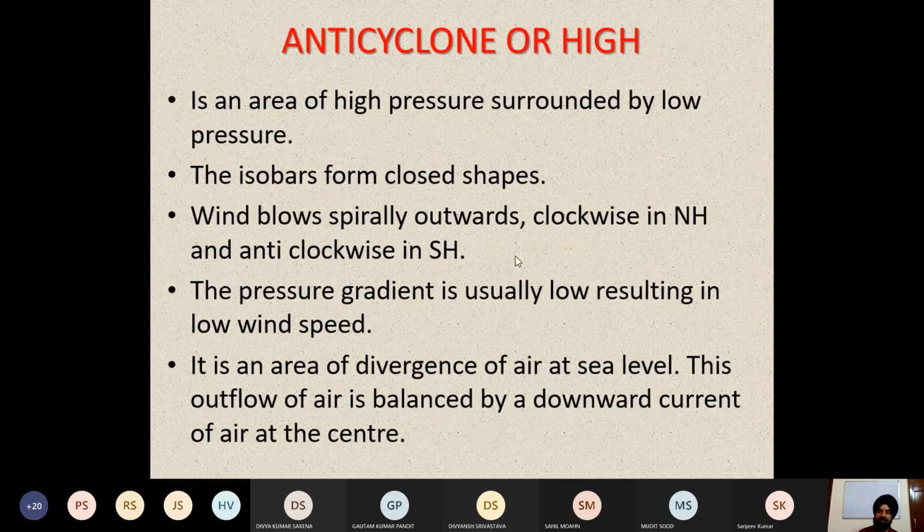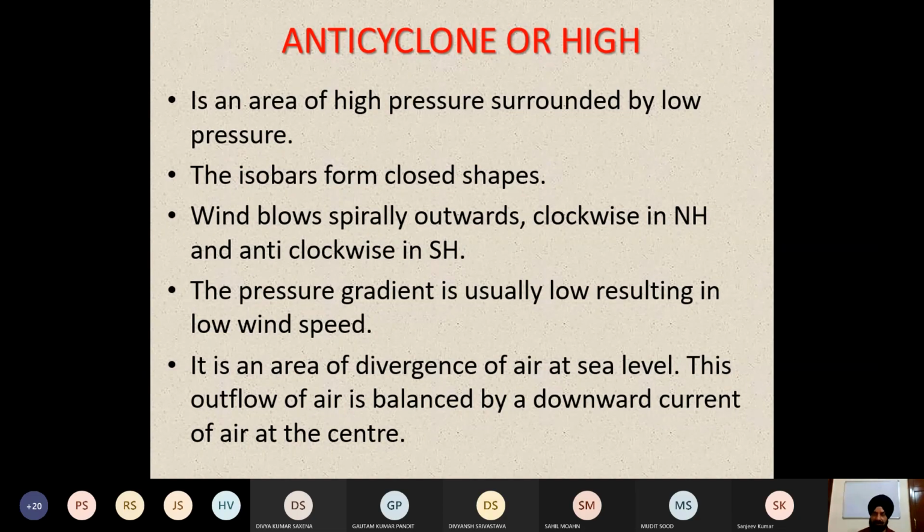So what is an anticyclone? It is an area of high pressure surrounded by low pressure. Isobars form closed shapes in an anticyclone, and in both cyclone and anticyclone, you see these isobars are basically of closed shapes. Winds blow spirally outwards, clockwise in the northern hemisphere and anti-clockwise in the southern hemisphere.